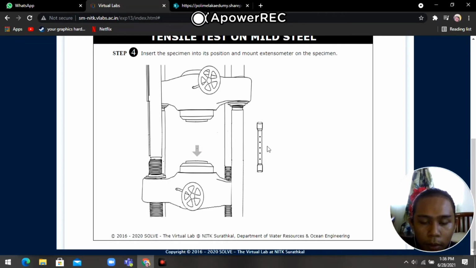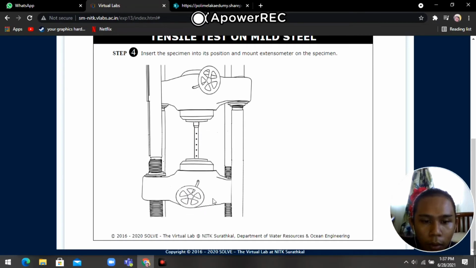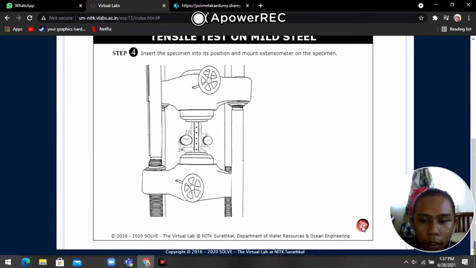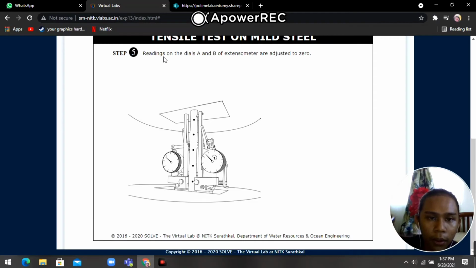Drag the specimen here. Next, step 5: reading on the initial dial A and B of the extensometer are adjusted to 0.